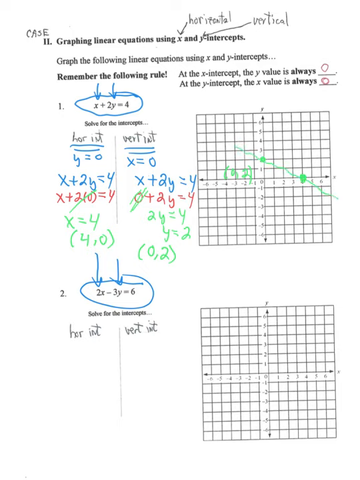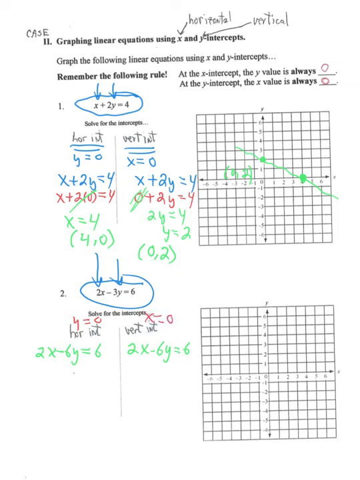Same thing below. Let's do question number 2. I've got 2x minus 6y equals 6. I'll do it twice, once for the x-intercept, once for the y-intercept. So I'm going to let the y equal 0 for the horizontal, and I'm going to let the x equal 0 for the vertical.